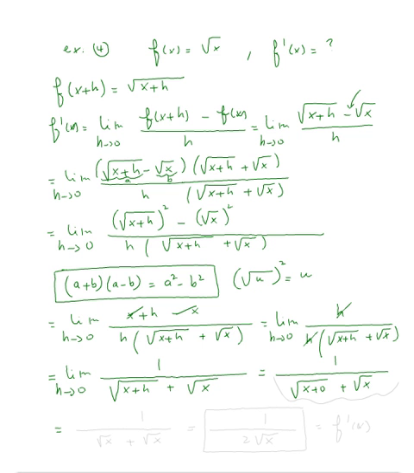Notice that we're not writing the word limit anymore, because actually this is the limit; it's a function. So this is equal to 1 over square root of x plus square root of x, which is 2 of them, so 1 over 2 square root of x. And this is the answer. So this is equal to f prime of x, and we're done with this example.